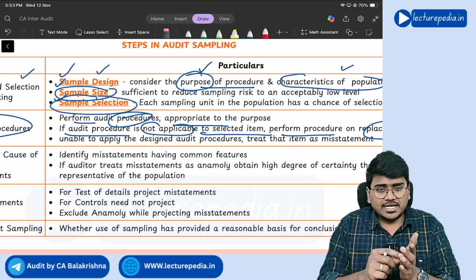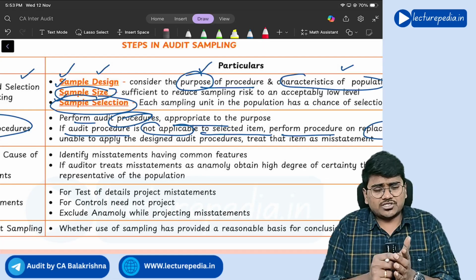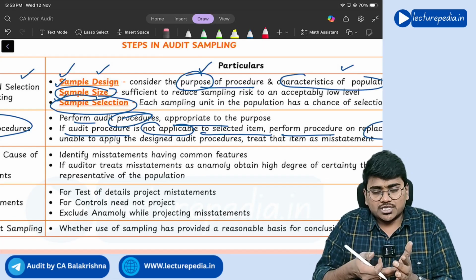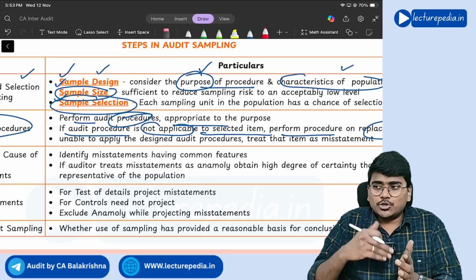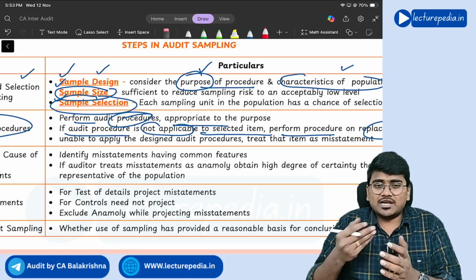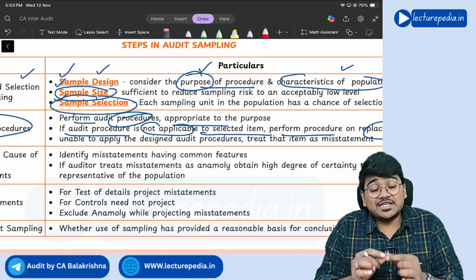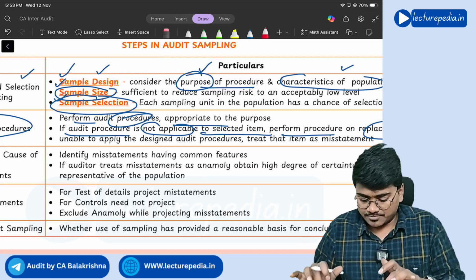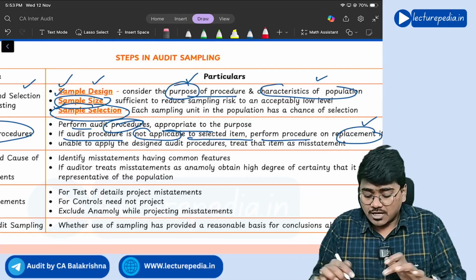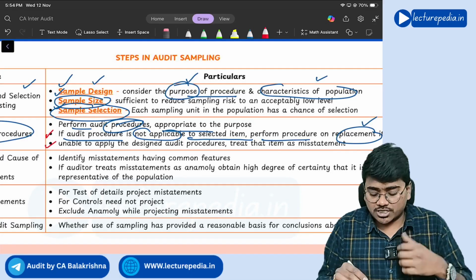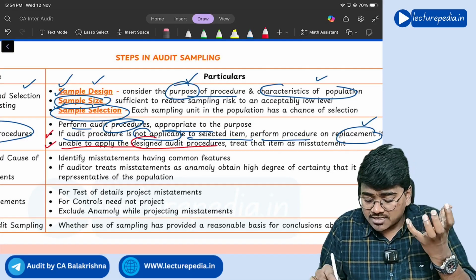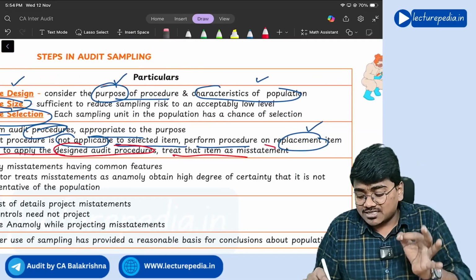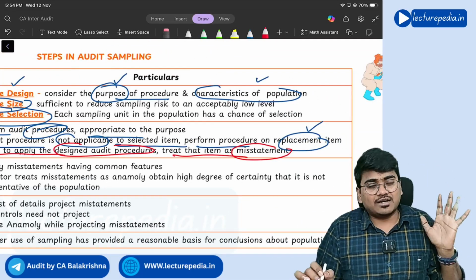Now, for the selected debtor, the procedure of external confirmation is applicable, but you are not able to perform it because you don't have the address of that debtor. Now you will treat this as a misstatement. Getting it? Yes. So there is a difference between the first situation and the second situation. If you are unable to apply the designed audit procedure, treat that item as a misstatement. Clear? Yes.